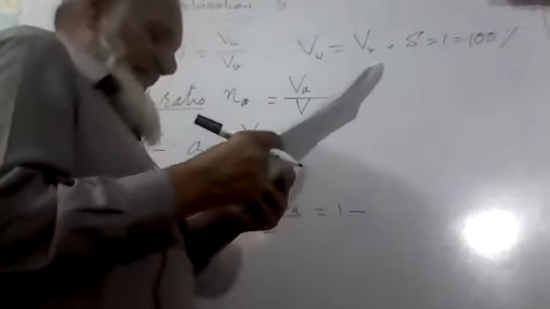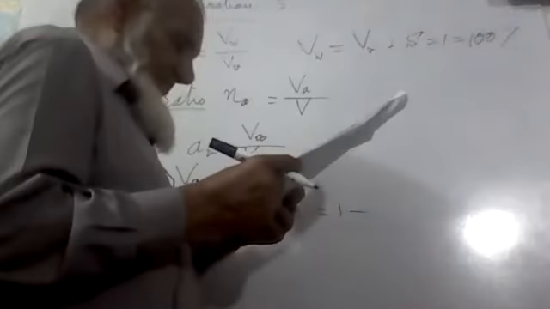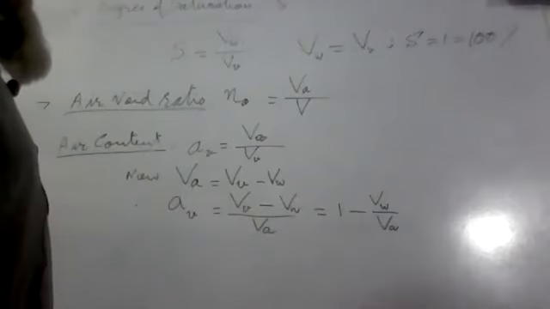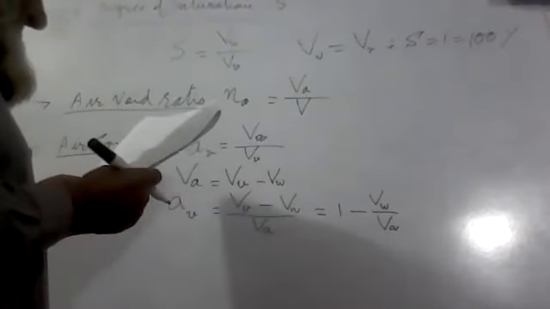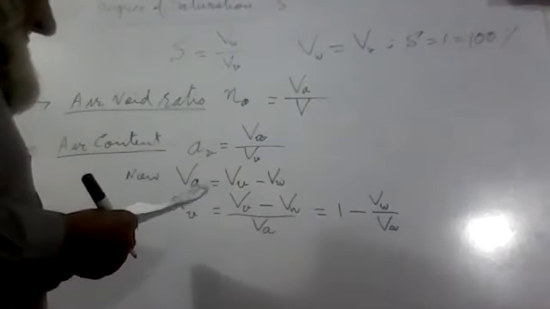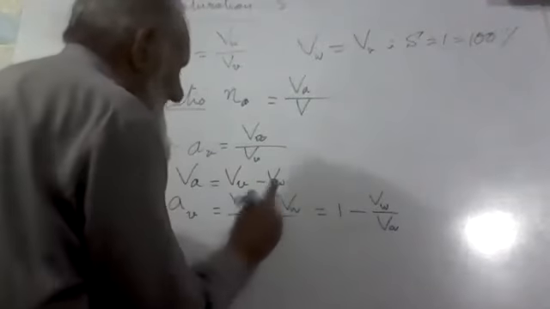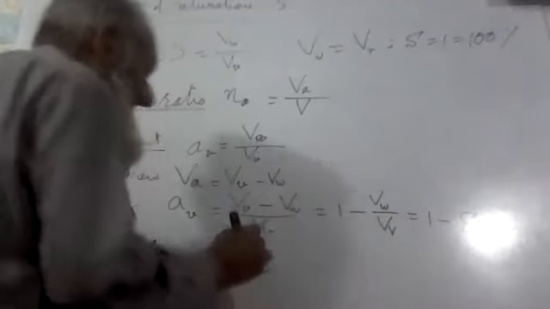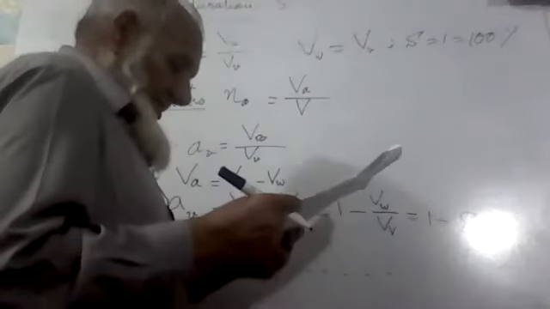That is 1 minus Vw divided by Vv, that is 1 minus S. So we are getting a relation: ac is equal to 1 minus S. This is our equation number 5.